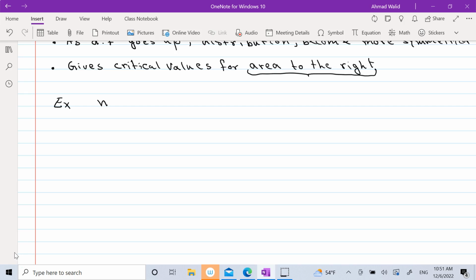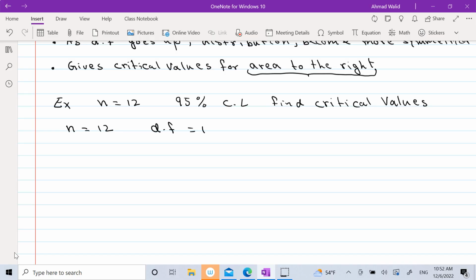Correct? Now, let's do an example. N is given as 12, 95% confidence level. Find critical values. If n is equal to 12, I know the degrees of freedom will be 12 minus 1, which gives me 11.